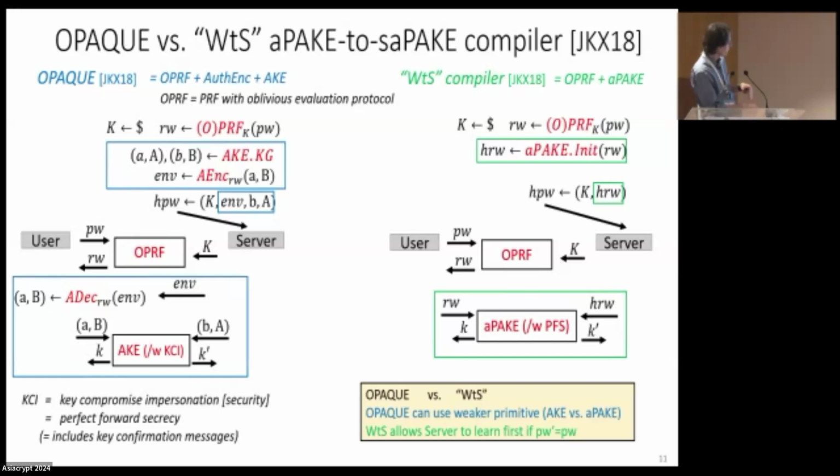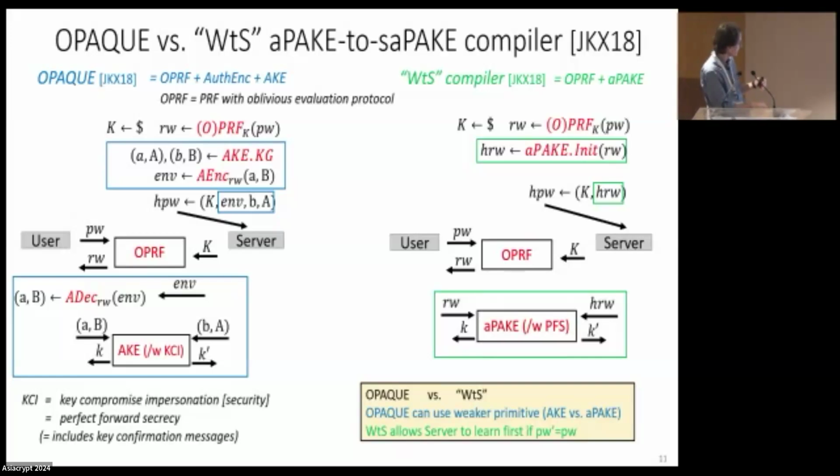First it's based on something called oblivious PRF. In other words, a PRF that is accompanied by an efficient two-party evaluation protocol where the server has the key and the user has the argument, and the user is going to compute the PRF value.